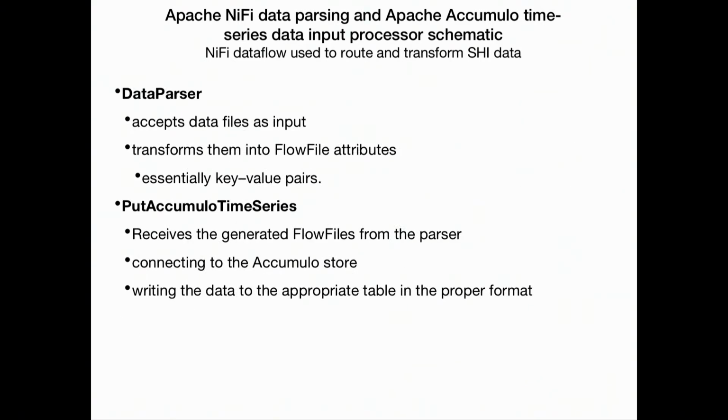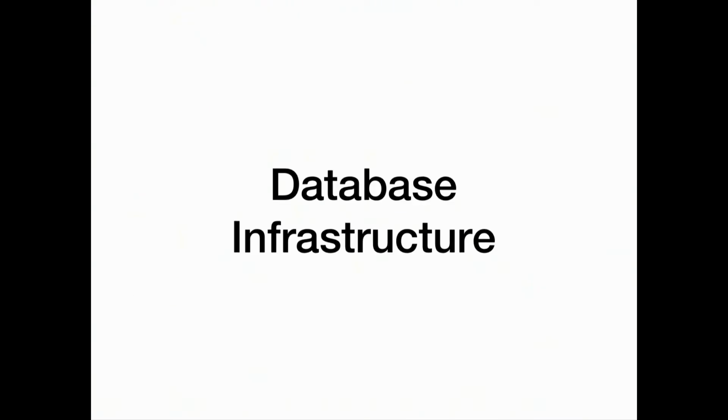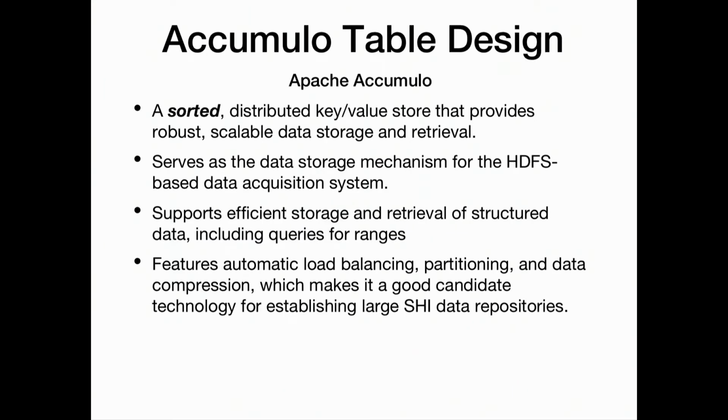A little deeper on the data parser: it accepts the data form, transforms it into the attributes, gets key value pairs, and writes to the Accumulo table. So what does the table look like? Again, Accumulo is a sorted distributed key value store.